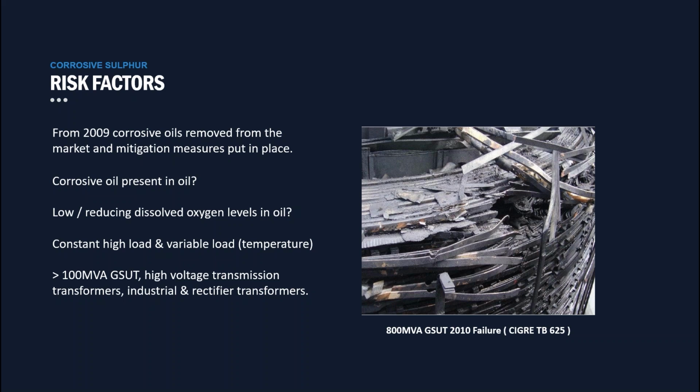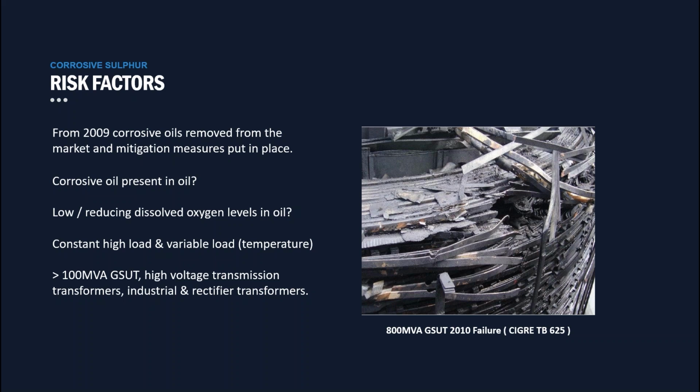So the picture is a bit complicated. And based on failure studies to date, the transformers most commonly affected are generator step-up transformers greater than 100 MVA, high voltage transmission transformers, and also industrial and rectifier transformers.